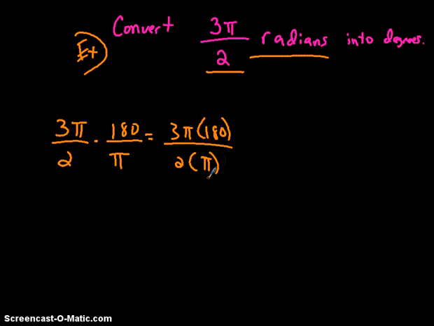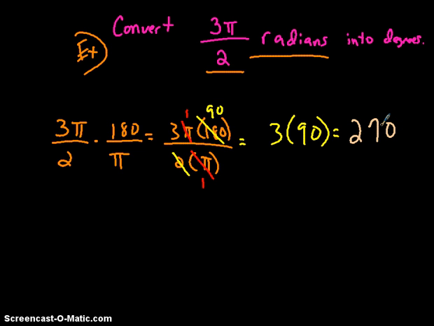What you're looking for is what can cancel out, what can reduce. Right away, you should recognize that the pi cancels out to be 1s. And 180 divided by 2 is 90. So when you reduce that, you have simply 3 times 90, and that's going to be 270 degrees.